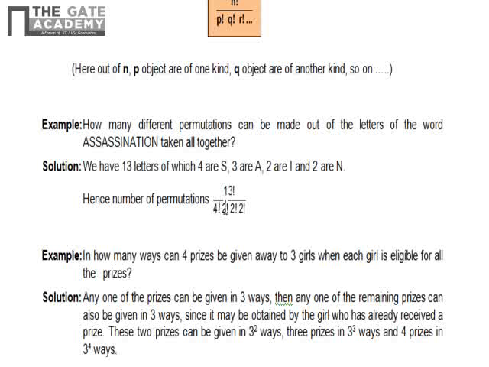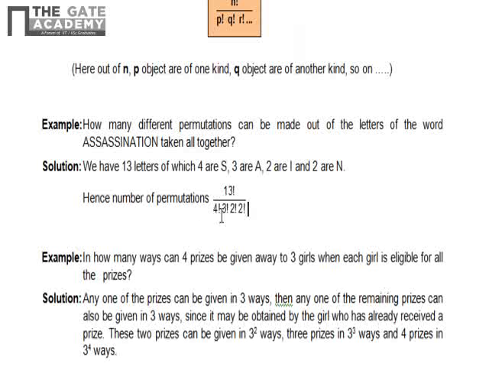Then this should be 3 factorial, because A is getting repeated 3 times, I 2 times, and N 2 times. So the answer will be 13 factorial upon 4 factorial into 3 factorial into 2 factorial into 2 factorial. You don't have to get the final answer if the calculation is too tricky.